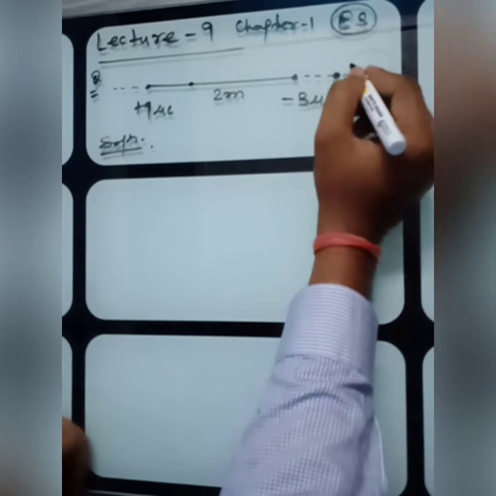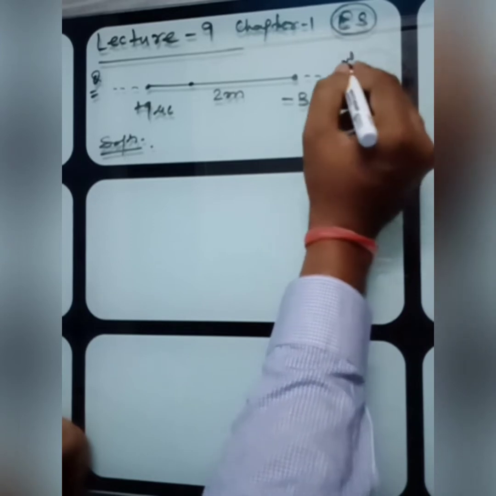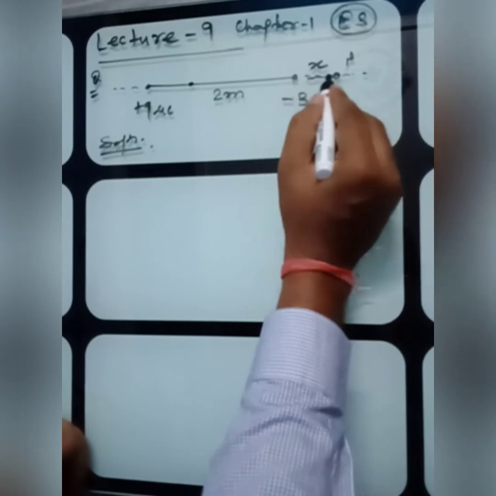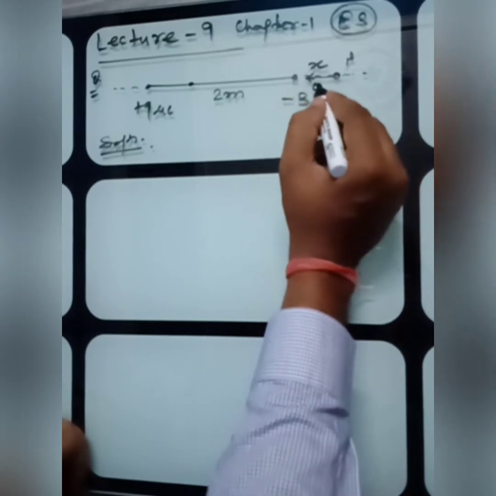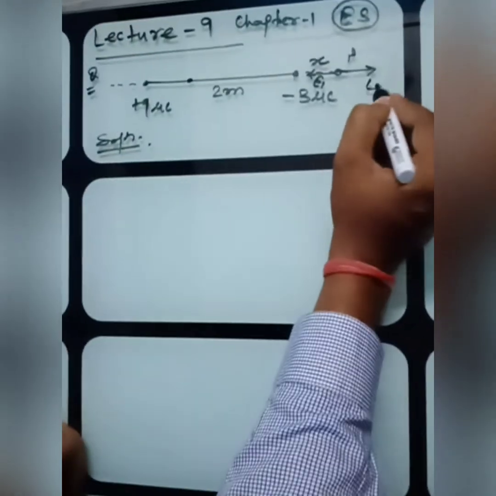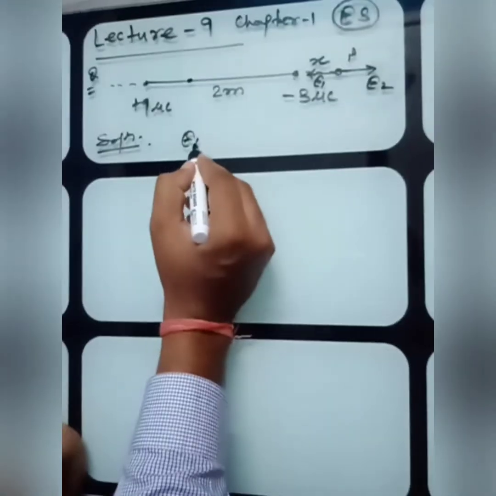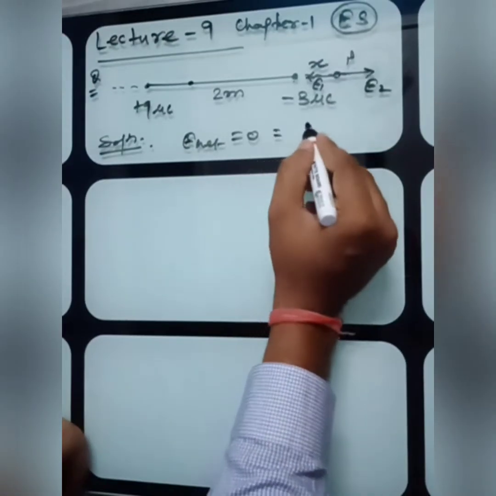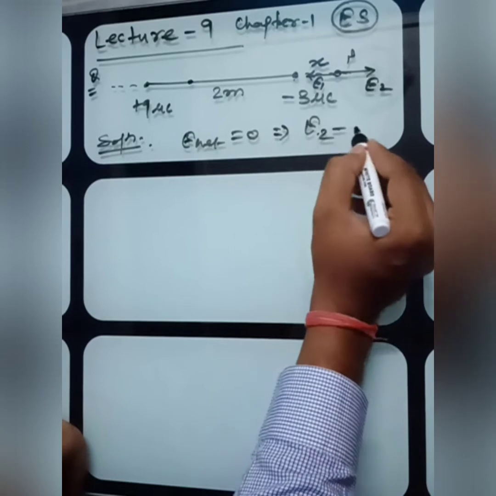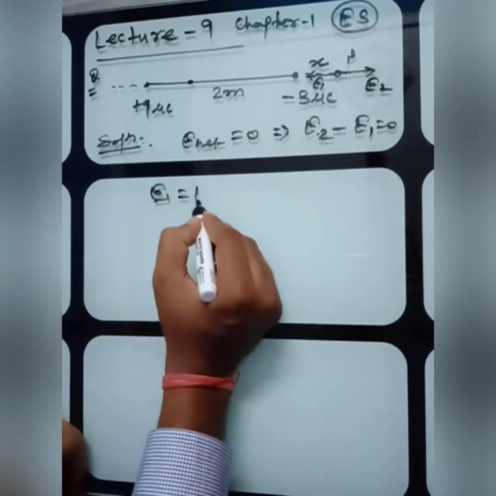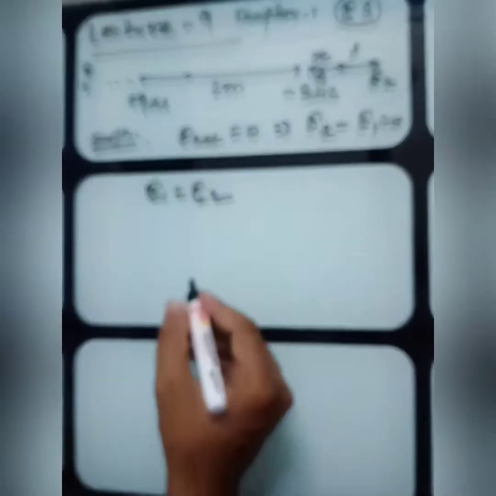At this point, suppose at P, which is at distance x, the net electric field will be 0. Due to this negative charge, the field will be in this direction, and due to this positive charge, it will be away in this direction, and E net will be E2 minus E1. Of course, if E1 equals E2, then only we can have the net electric field as 0.